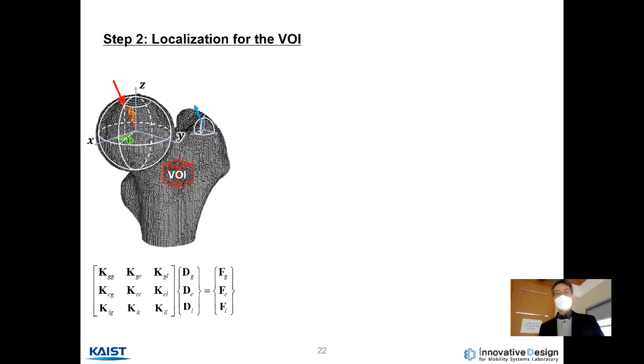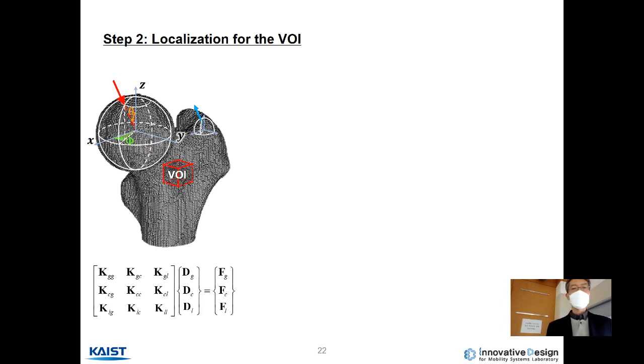You know the matrix partitioning or substructuring in finite element analysis. If we handle this full proximal femur, then we can make three different regions: global regions, local regions for the volume of interest, and a cut boundary between the two different regions.